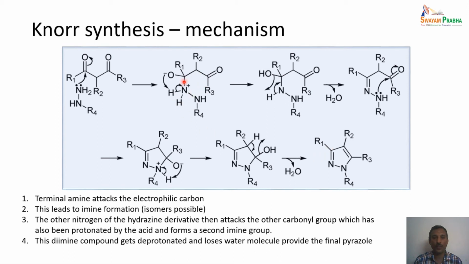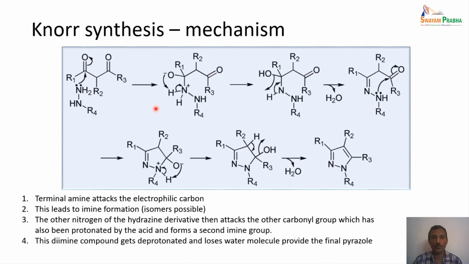Once the initial imine is formed, after the loss of a water molecule, the nitrogen having a lone pair can internally attack the electrophilic carbonyl carbon. That leads to the cyclization. This is the crucial step for the ring formation reaction, and this leads to the diimine product, which can undergo loss of a water molecule to give the pyrazole derivative as shown here.